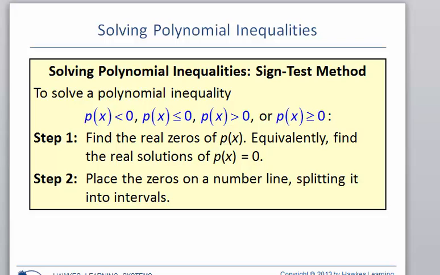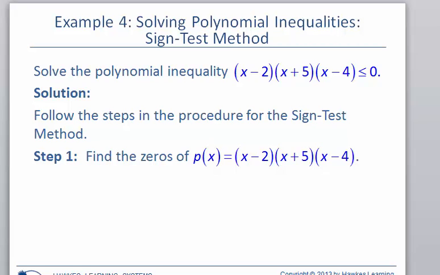So I'm going to go to my example. We have an inequality, x minus 2 times x plus 5 times x minus 4 is less than or equal to 0. Step 1 says that we're going to find the zeros of that inequality. So we're going to replace the less than or equal to with an equal to for just a second and set it equal to 0.